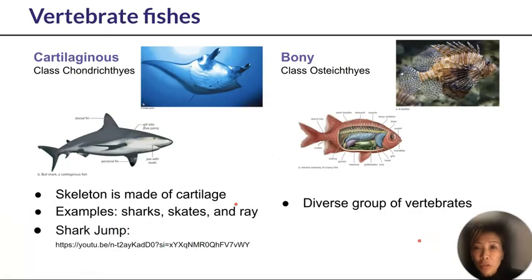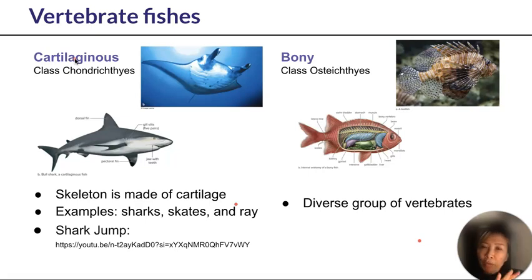Okay, so moving on to vertebrate fishes, we have the fishes that have cartilage, and then the fishes that have bones for the vertebrae. Here I'm showing two different classes of these vertebrate fishes, and these fishes will fall into the jawed fish category. So both of these fishes have jaws.